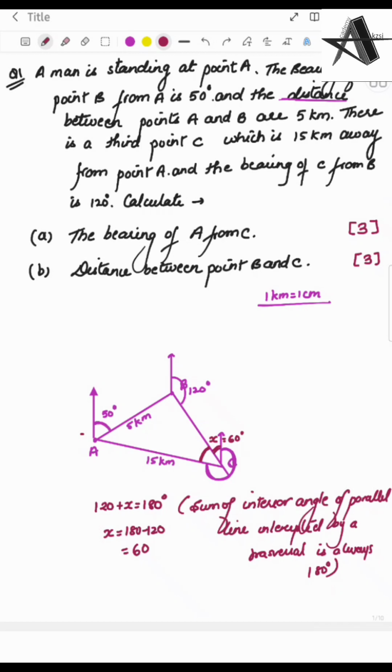If you are confused when to apply sine rule, when to apply cosine rule, I have described it in the videos that I have made. You can refer to that. But as of now, I'm just giving you a quick little idea or hint why I'm applying sine rule here, because two sides are given, one angle is given, and another angle they are asking, like two pairs, two angles, two sides. So obviously you have to go for sine rule.